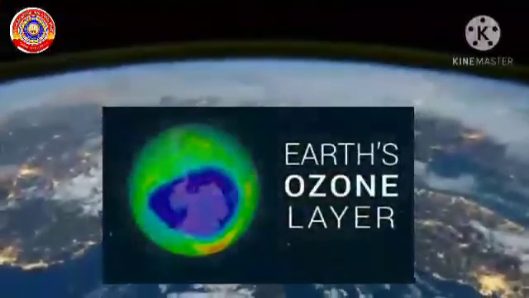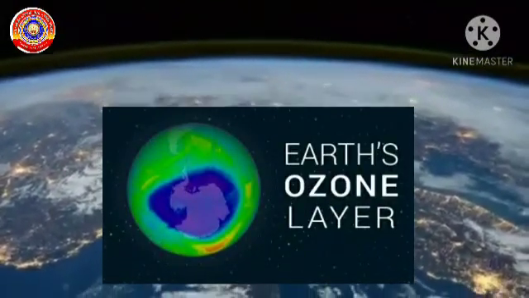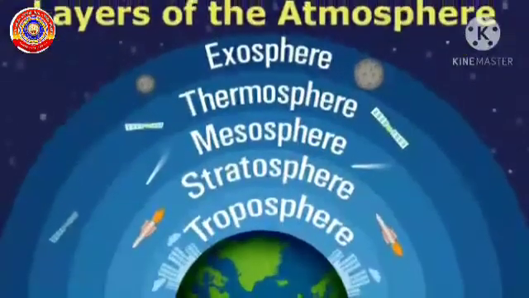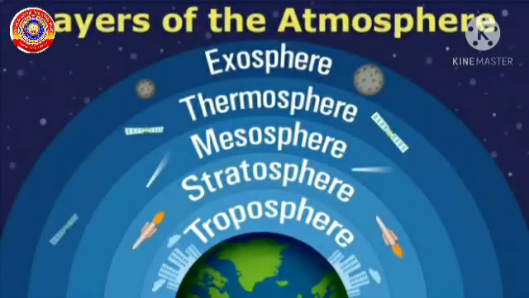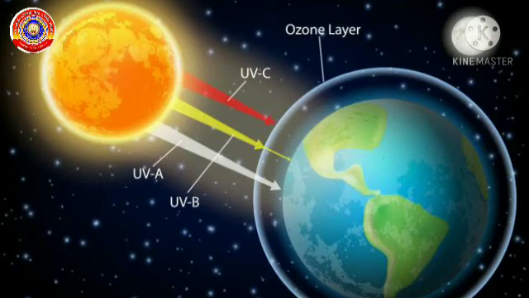Alright students, hope you understood that life is not possible on Earth without the ozone layer. It is found in the stratosphere layer of the atmosphere. It protects life on Earth by absorbing the sun's harmful UV radiations. So, it is also known as the ozone shield.